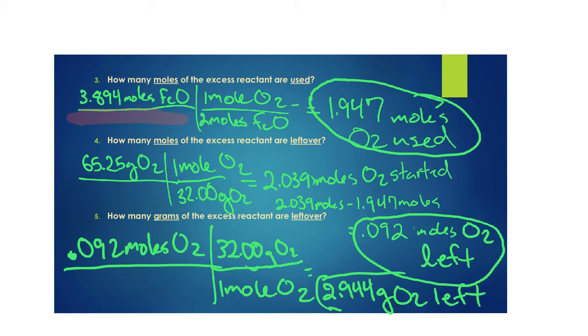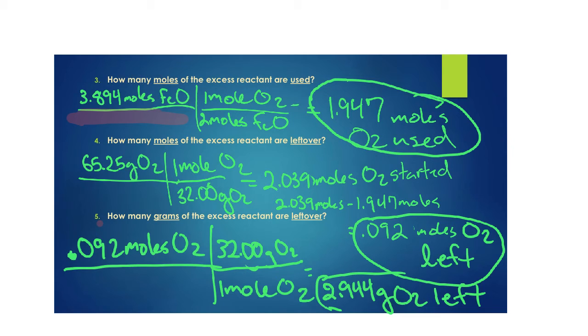And notice how I'm circling the answer, because again, this is going to get a little bit more complicated, and there's going to be a lot more work, and some of us have better handwriting than others, me definitely on the lower side, and so you want to circle your answer so it's very clear what you're doing and what your final answer is, keeping in mind the sig figs.